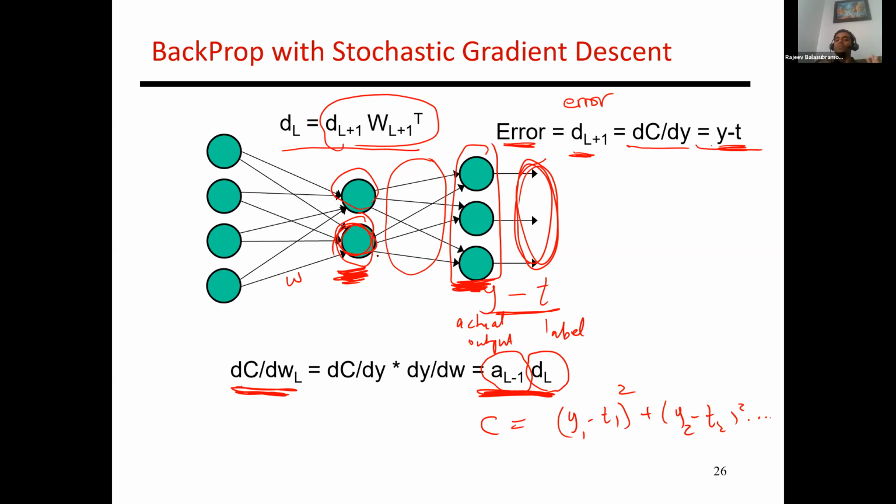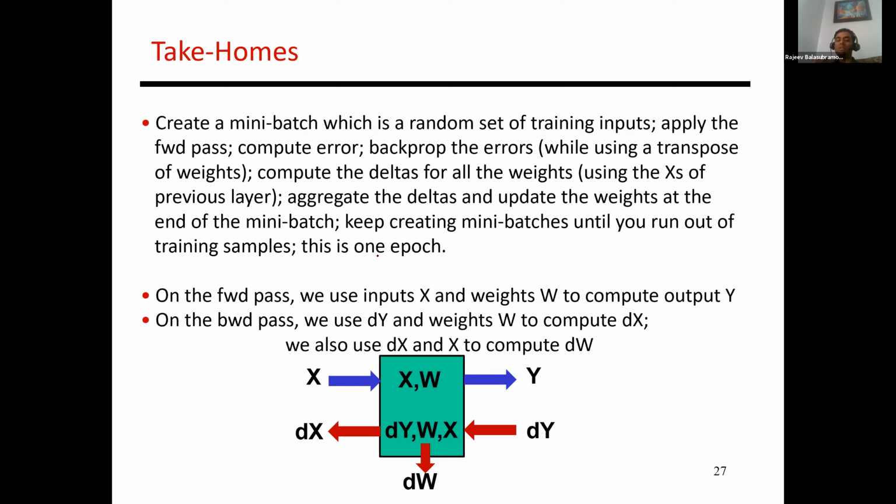Okay, so let me just recap on this next slide. In training, there is a forward pass where I have the input image X. I multiply it with a series of matrices W in the forward pass to finally produce my output Y. Since I know the label for this input, I can go through the label to figure out the error, which is dy.